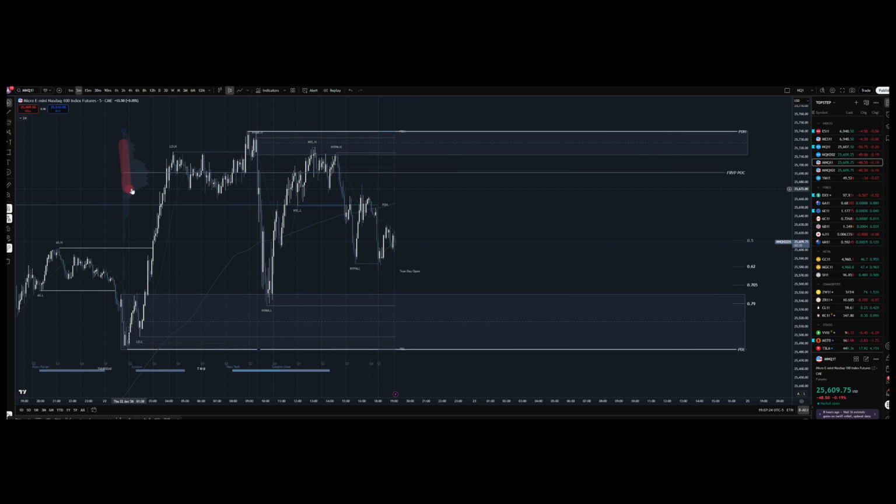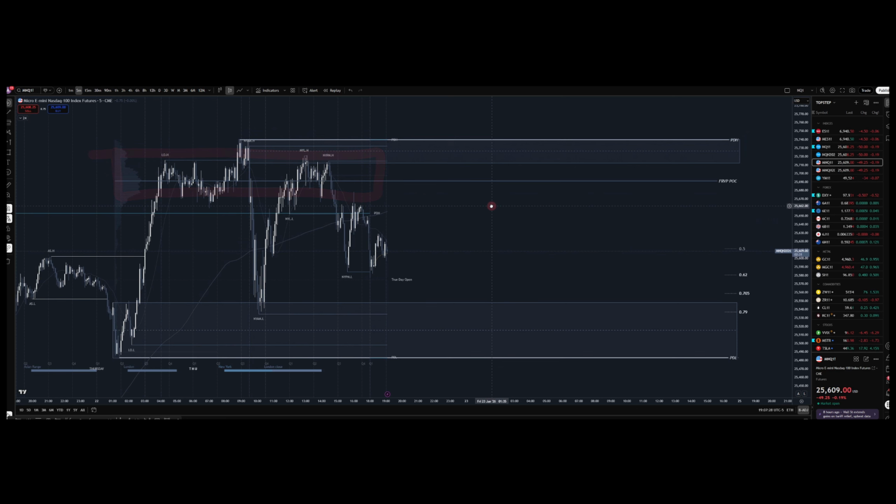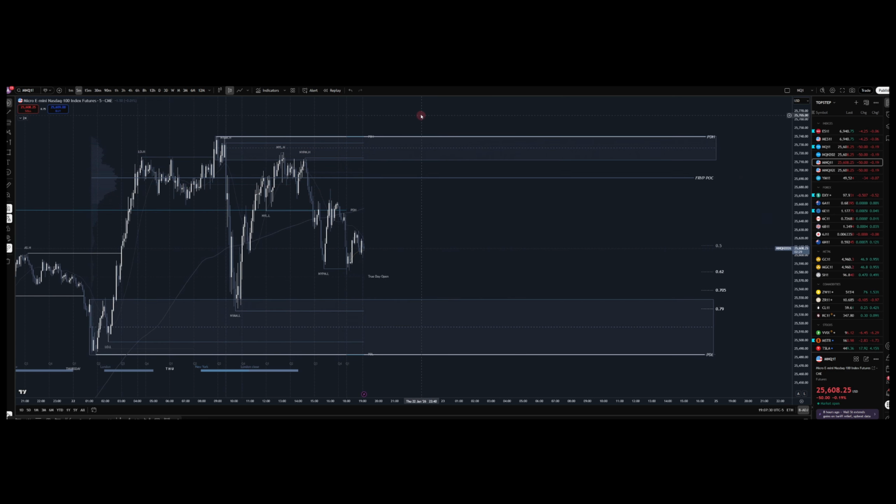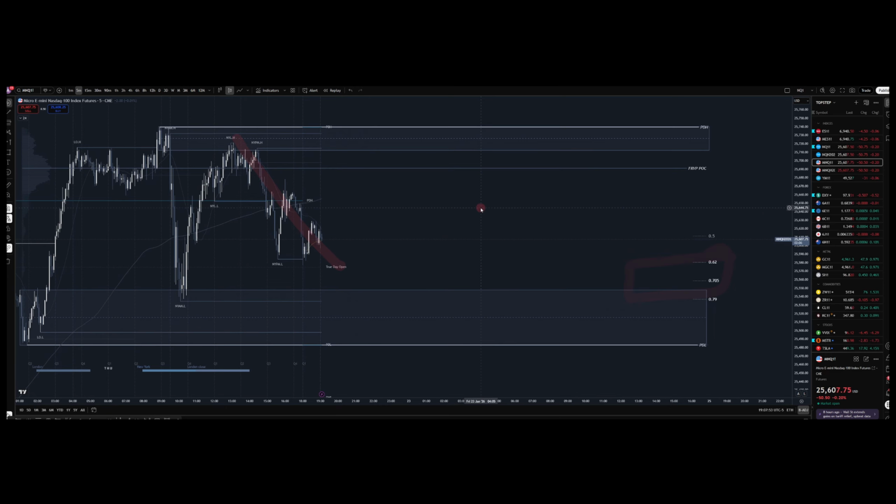Whereas at the moment we've got it opposite. We're up here. So if we were still up here, and we didn't have this sell-off in the PM, and we get, say, a sweep of the PM high into Asia, and we come back and retest that POC, then we can look for shorts to come back into the daily range down to the OTE. But we've already had this move, which is a bit annoying in the PM.